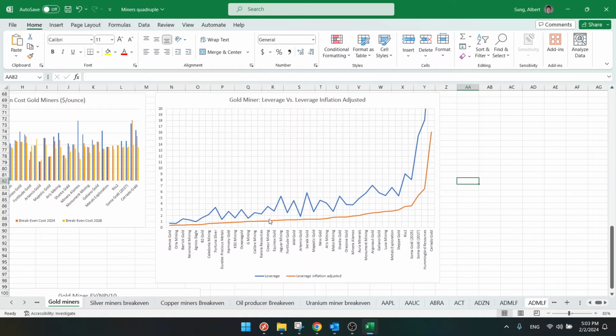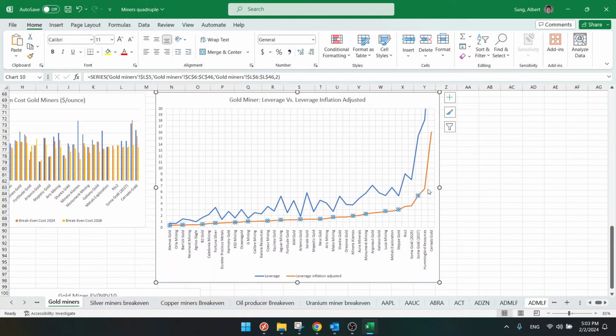Okay, so that's important. If you have a high margin or a low margin mine, it will change the inflation adjusted leverage. So actually the orange line is the most important line now.